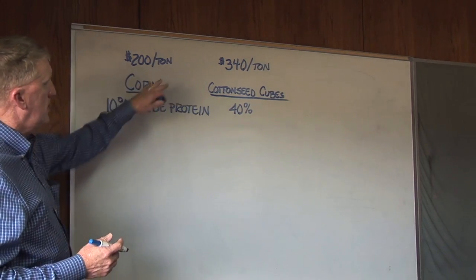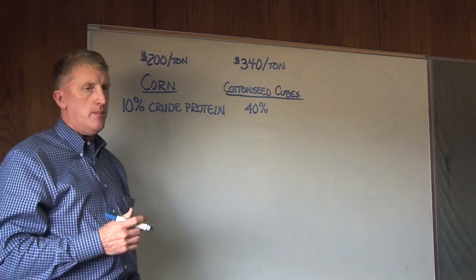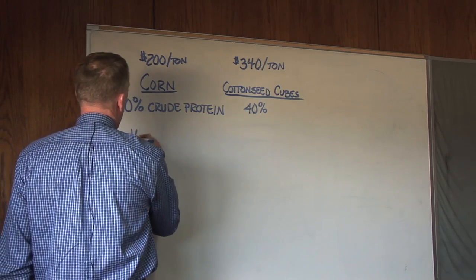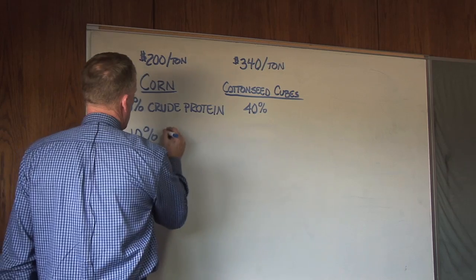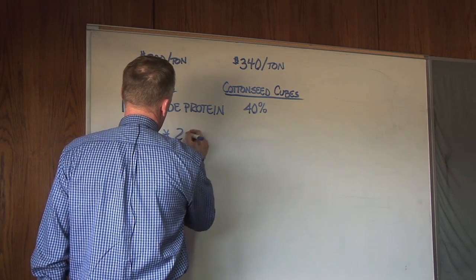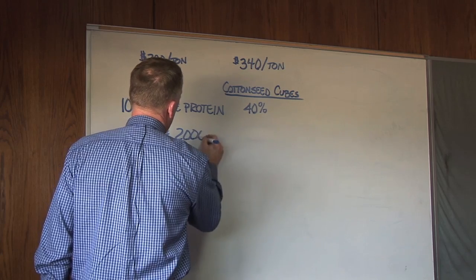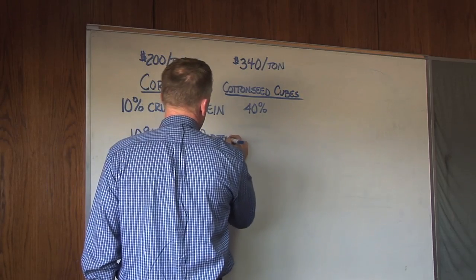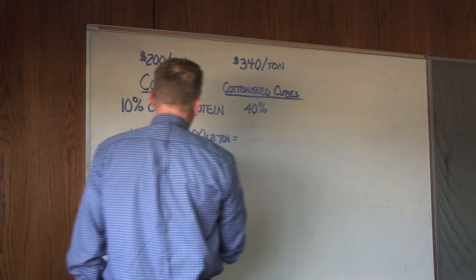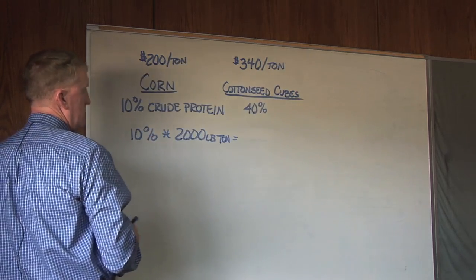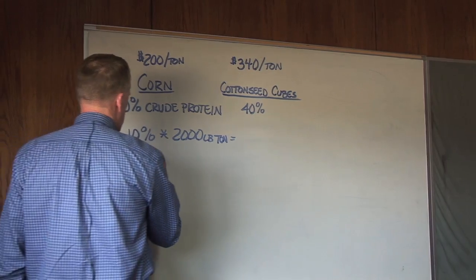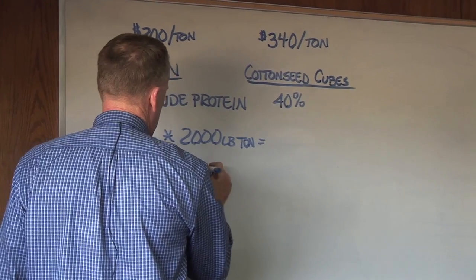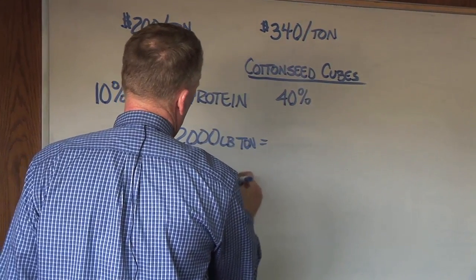In this example, since we have them both on a per ton basis, all you do is multiply 10% times the 2,000 pounds to find out how many pounds of protein there are in a ton of corn. If you multiply 10% times 2,000, we find out that there's, in effect, 200 pounds of crude protein per ton of corn.